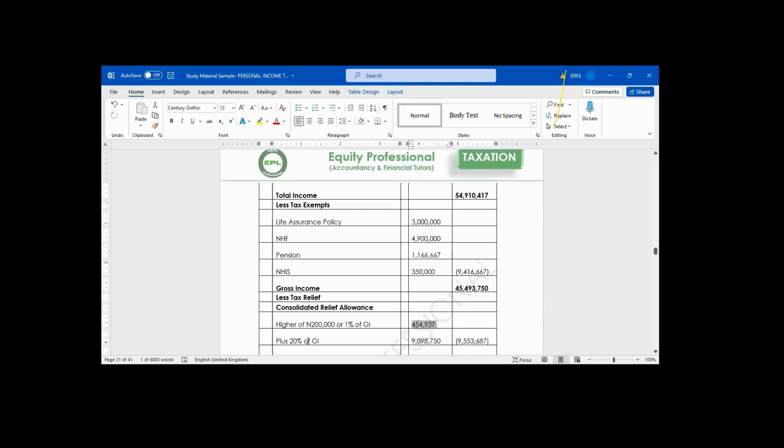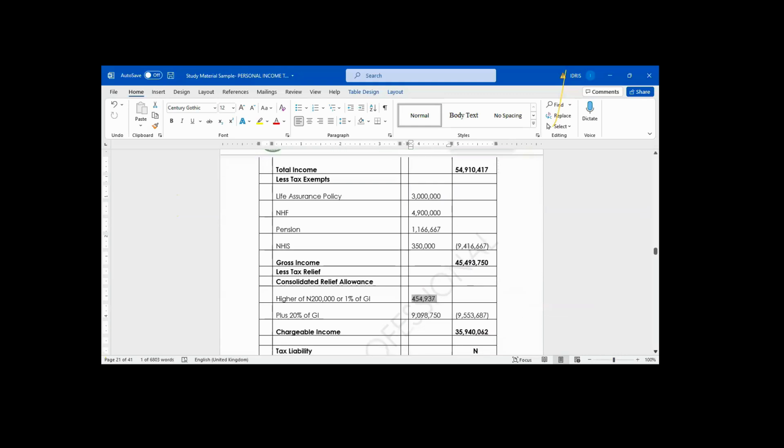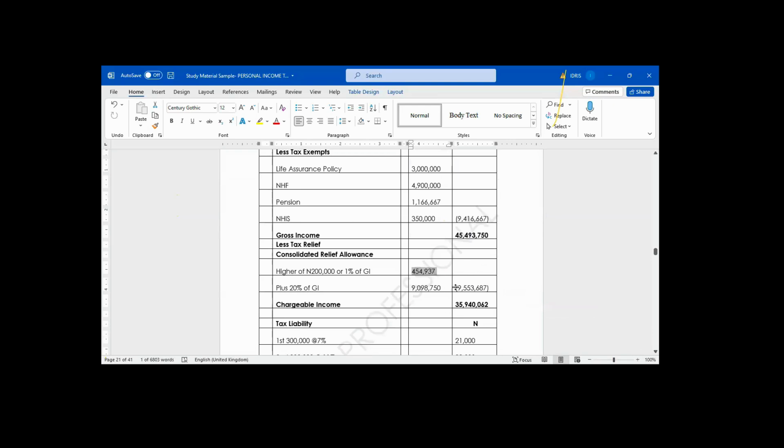Second, consolidated relief allowance is 20% of gross income. 20% of 45,493,750 will give us 9,098,750. When you add the two together, it will give you 9,553,687.